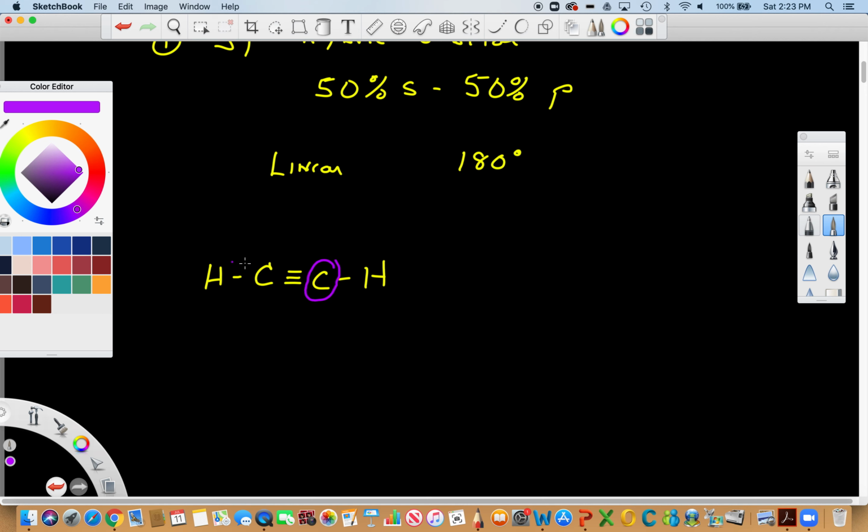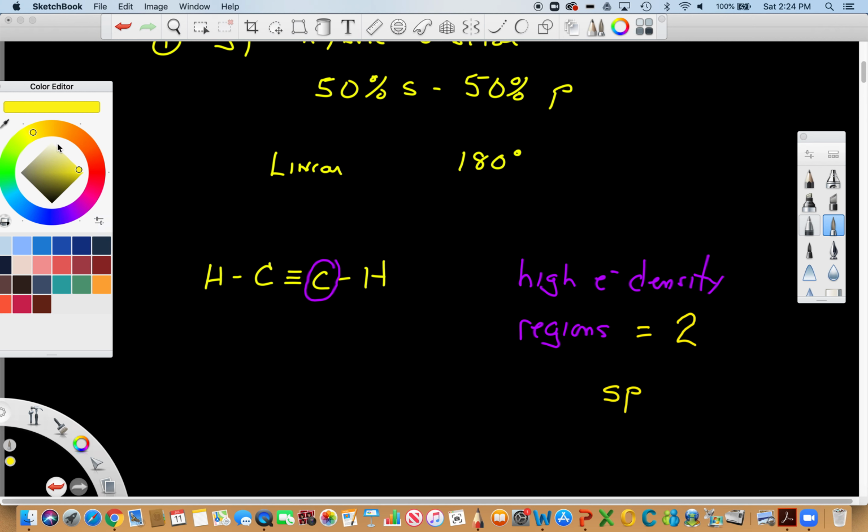How many high electron density regions are around that carbon? And the answer is there are only 2 around that carbon. That means it is sp hybridization. So each one of those bonds is 50% s, 50% p.